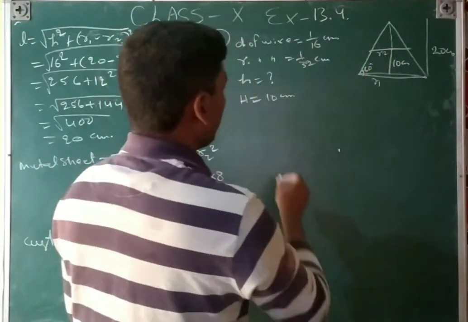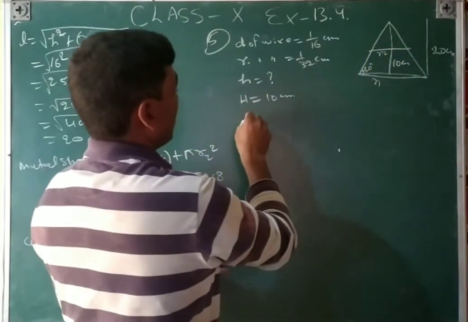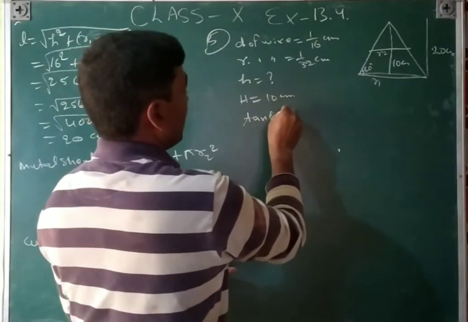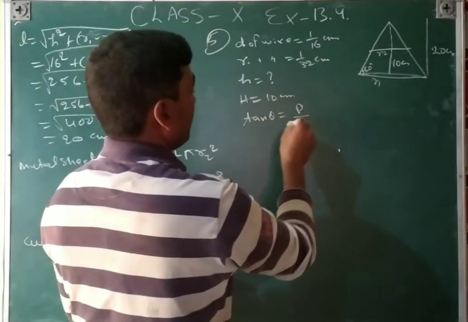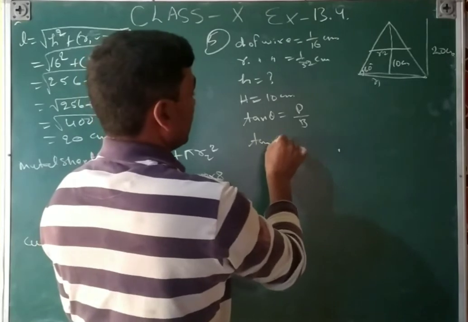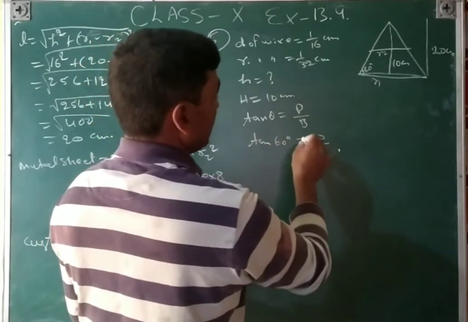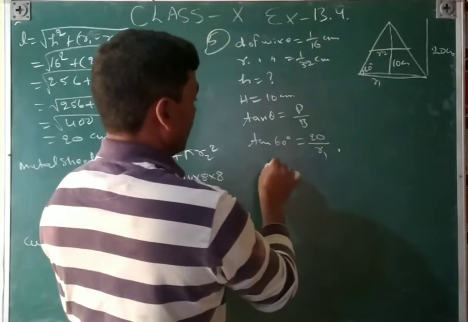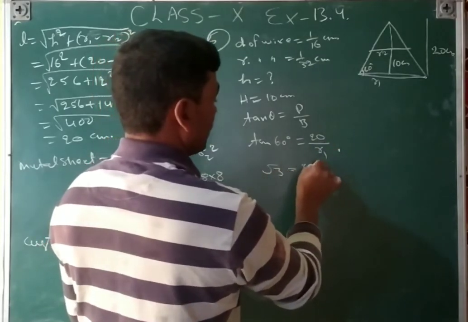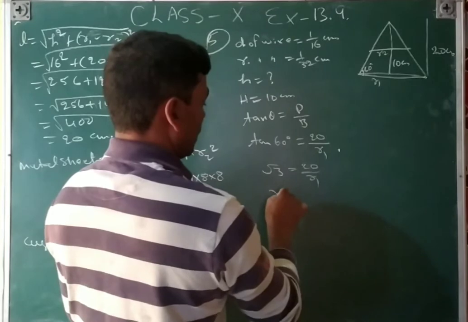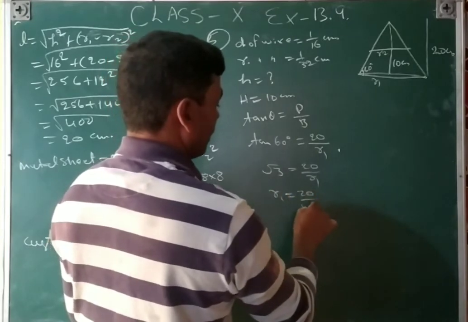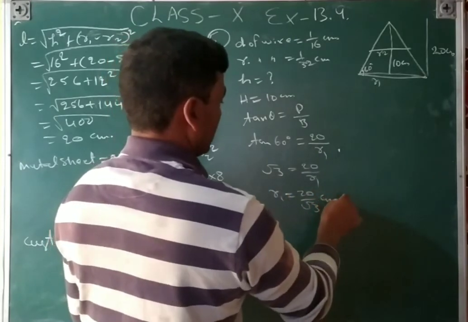Take tan theta, which is equal to perpendicular upon base. So tan 60 degree is equal to perpendicular 20 upon base R1. So root 3 is equal to 20 upon R1. So R1 is equal to 20 upon root 3 centimeter.